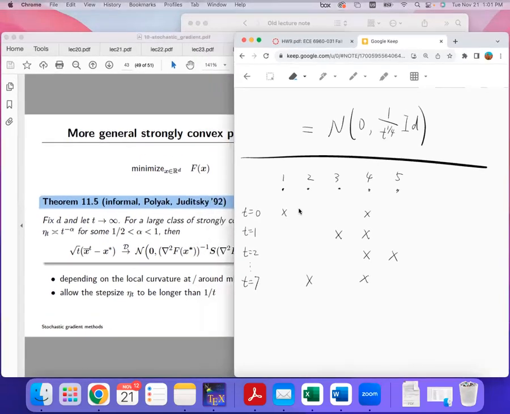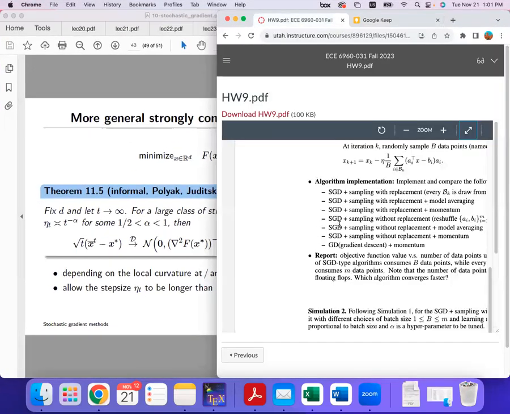So that's why here I mentioned the other sampling scheme, the sampling without replacement.